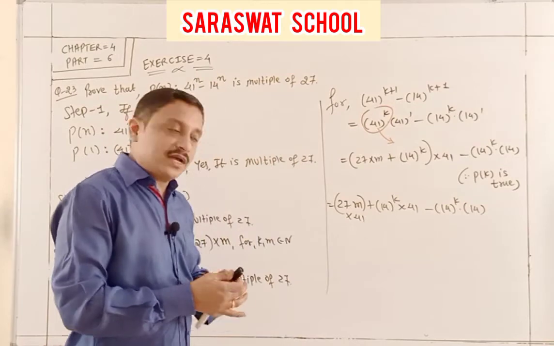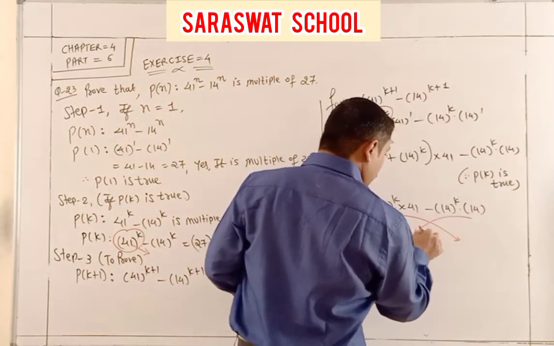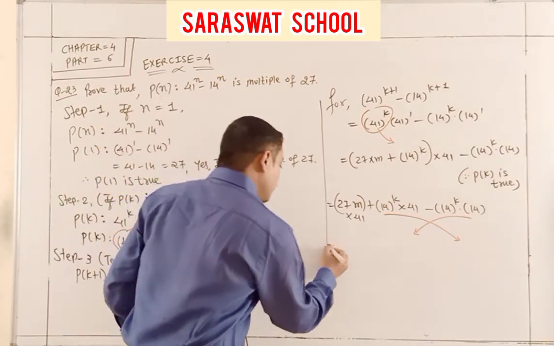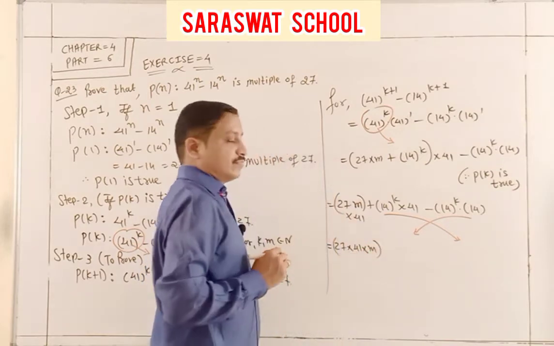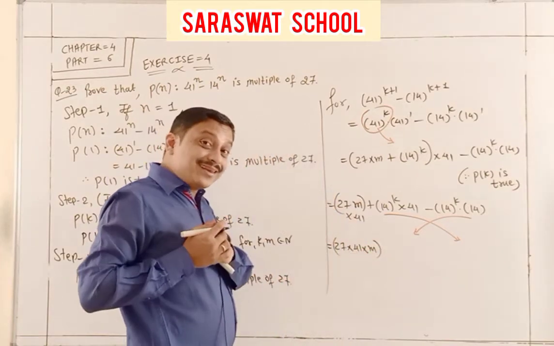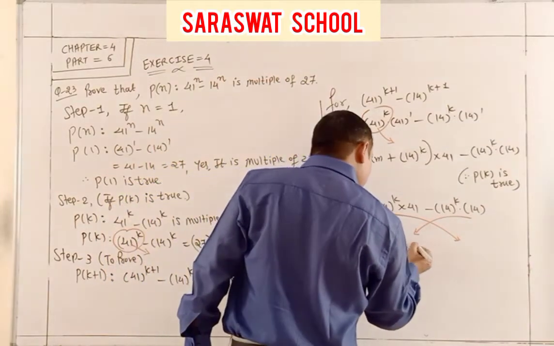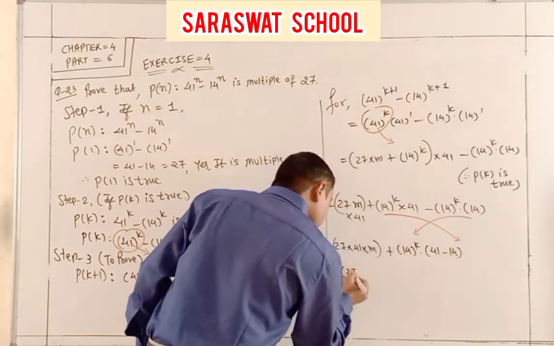Now students, look at that, here you must take common. So 27 into 41 into m. And what is the common? Yes, you are correct, it is 14 to the power k common, 41 minus 14. And which is that?